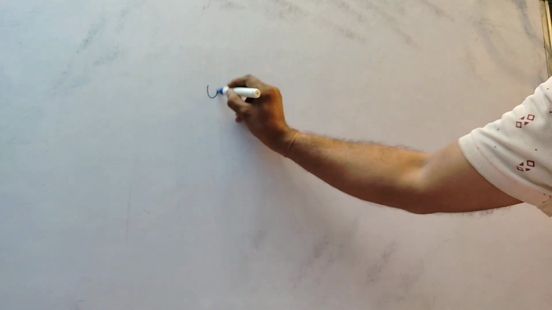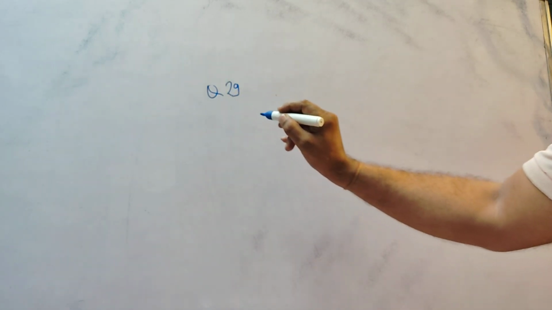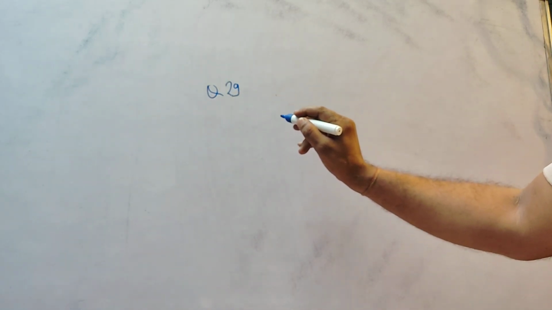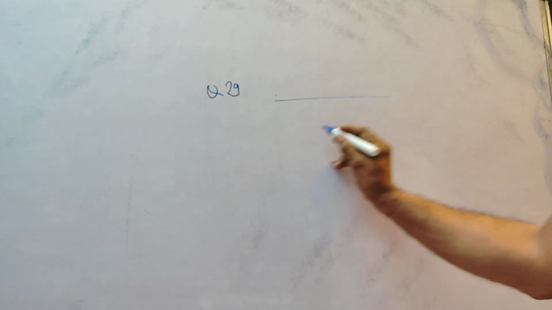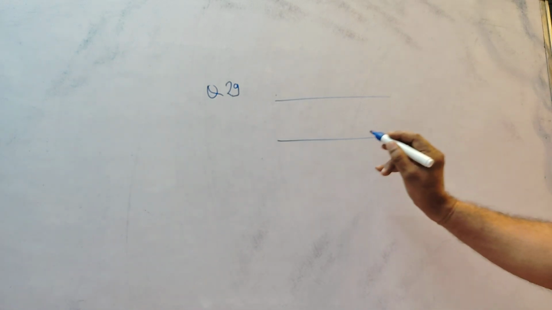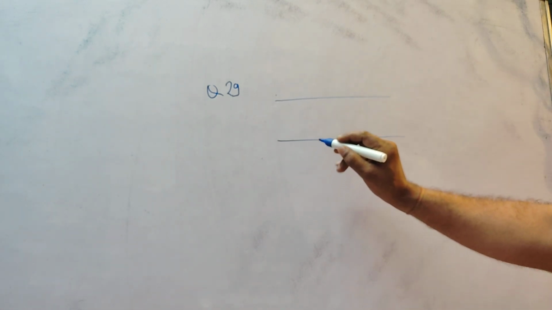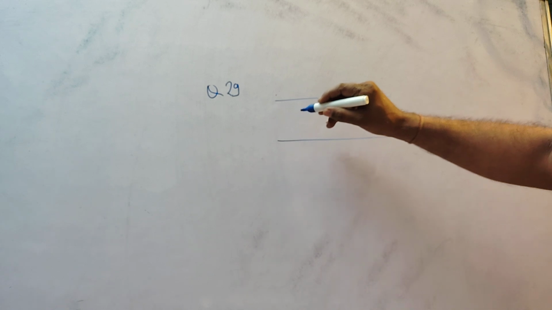Question 29. The number of common points in the two angles marked in the figure. Similar statement.